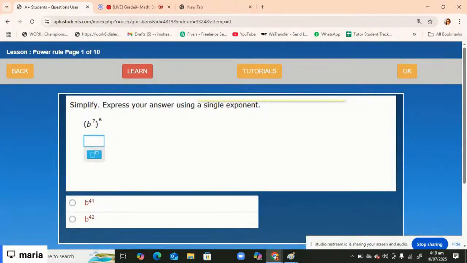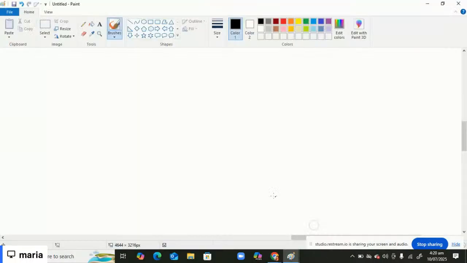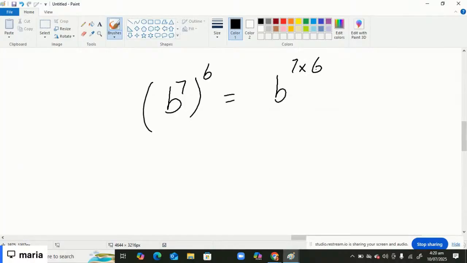Express your answer using a single exponent. B to the power of 7, and then it's 6. Just simply multiply and then tell me the answer now. Just multiply 6 with 7 and write our answer. So here b to the power of 7, and now here is the power 6. Simple multiplication.